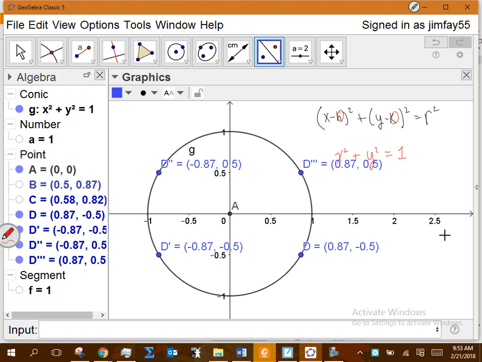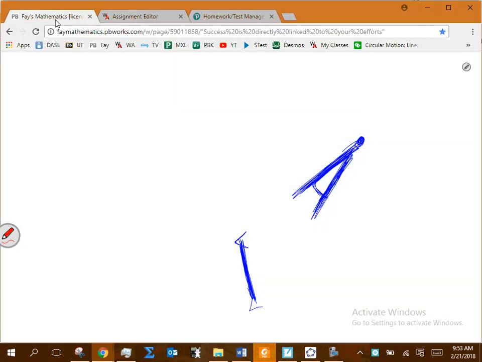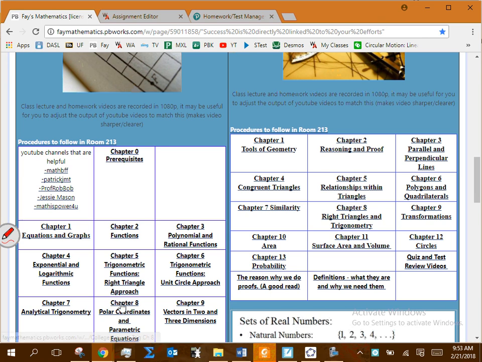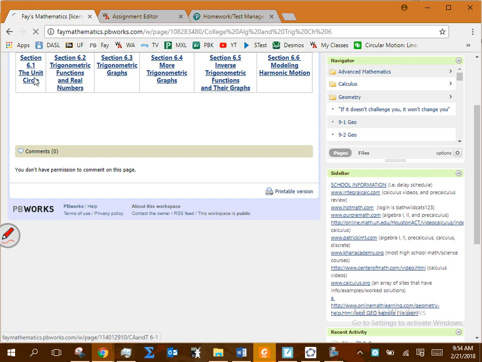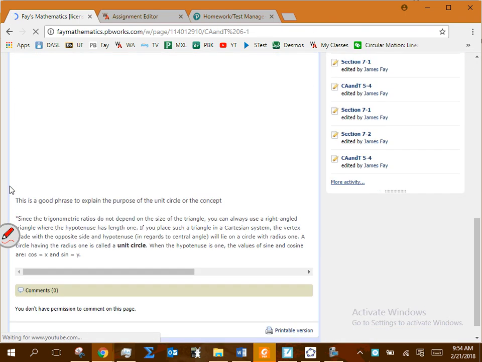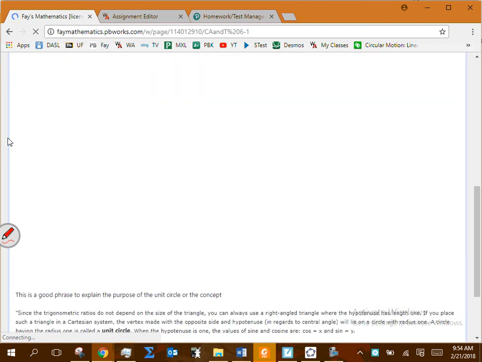Usually, I didn't show the last class this, but where we're going with this, the unit circle, we're trying to eventually get to an understanding of this picture here.